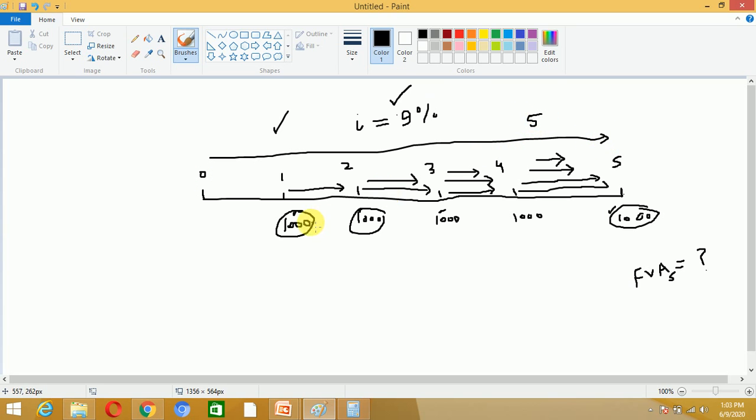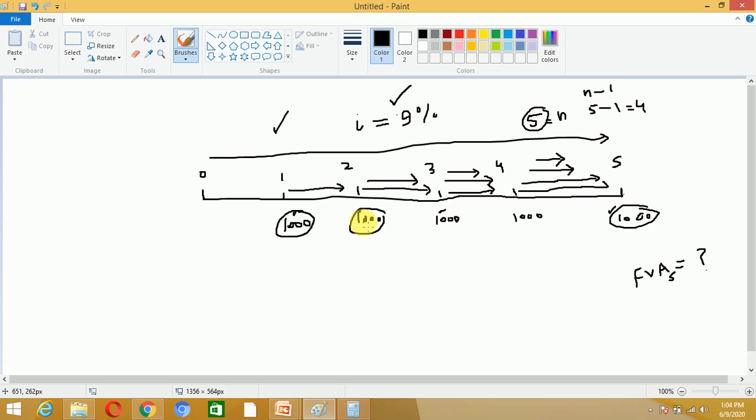But on the first $1,000 deposit you will receive interest 1, 2, 3 and 4 times. So if the total number of years n is equal to 5, you will receive interest by n minus 1, means 5 minus 1, which is equal to how much? 4.